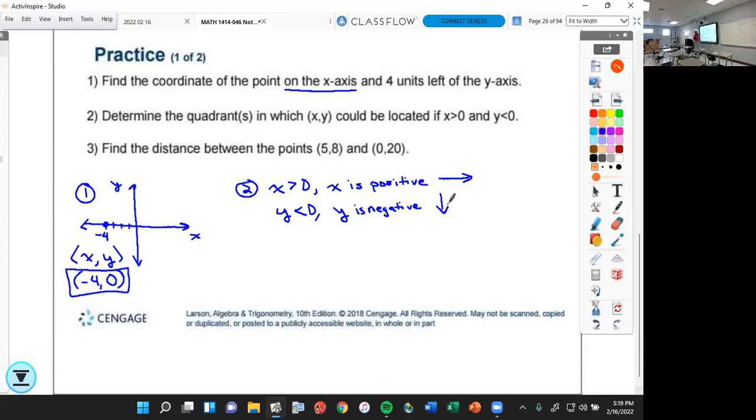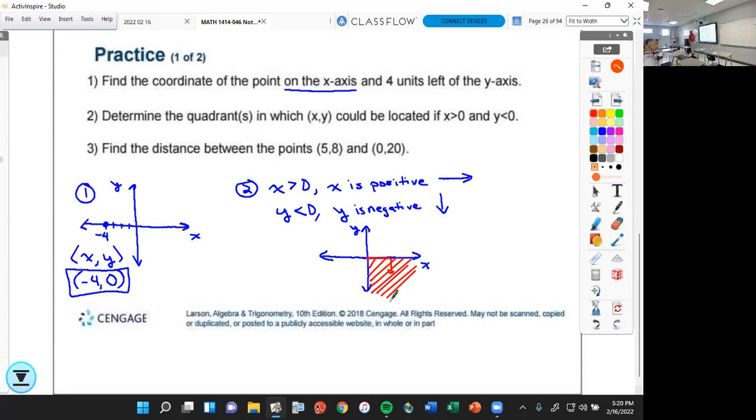So which quadrant would I be in? Here's my coordinate grid, x, y. If I was going to move to the right, now it doesn't say equals 0.